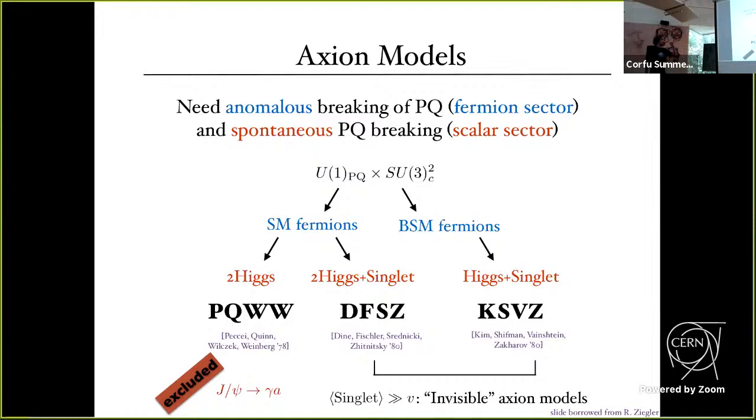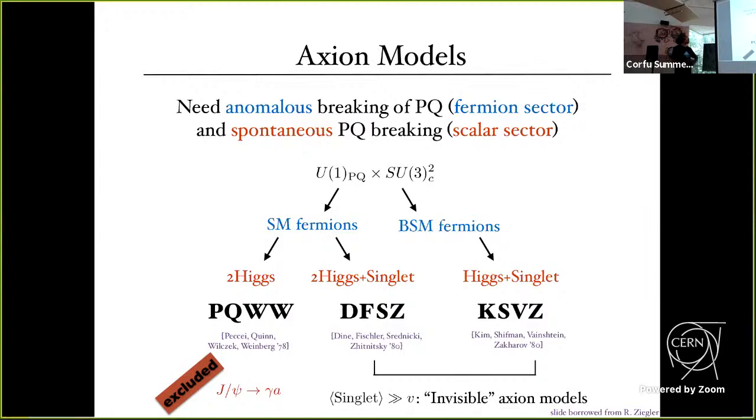So this is a slide I borrowed from my collaborator, Robert Ziegler, which nicely summarizes the landscape of axion models. So basically, to have a working axion model that solves the strong CP problem, we need some anomalous breaking of Peccei-Quinn symmetry. So we need to have a fermion sector that contributes to the QCD anomaly.